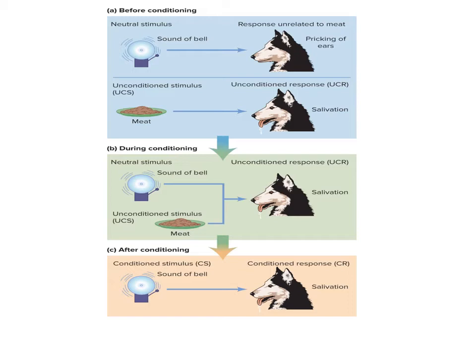So after learning has occurred and these pairings have been done, our bell changes from the neutral stimulus to the conditioned stimulus, and our salivation, which is a reflexive response, is now occurring at the sound of the bell, which is a learned response, so that is our conditioned response.